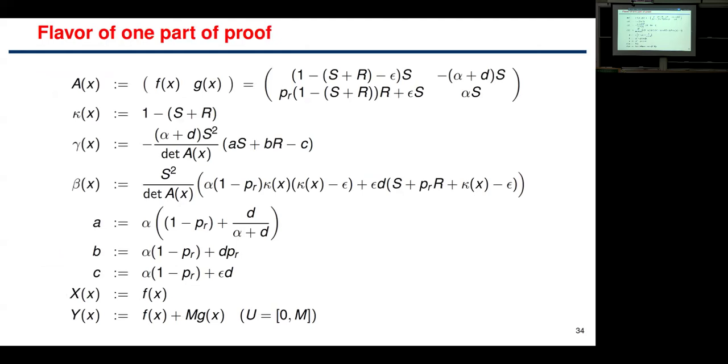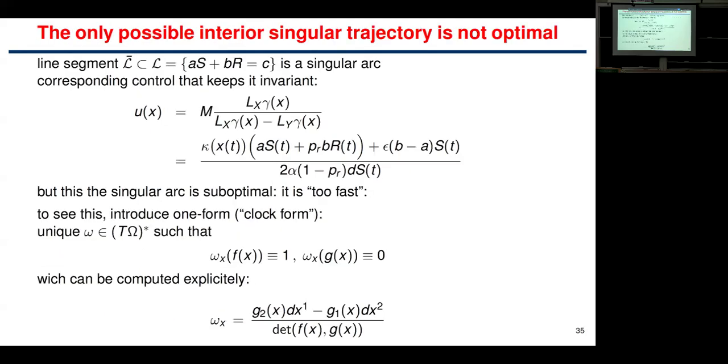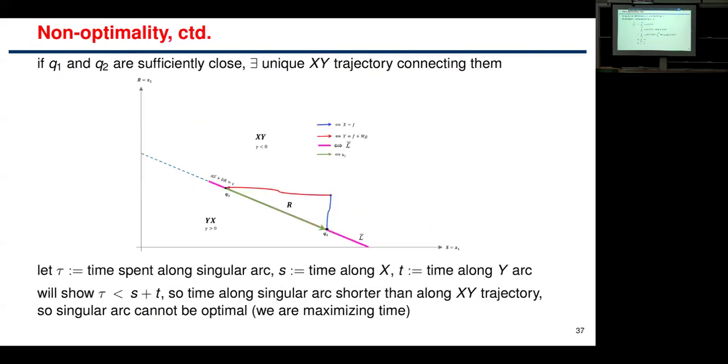There's some notations which obviously I don't have time to go over. You can actually prove that the only possible singular trajectories occur along a particular line. Let me just show the picture first. You can prove that the only possible singular trajectories occur along a particular line. And that takes a lot of work to get to that point.